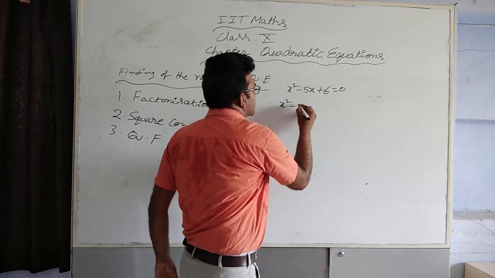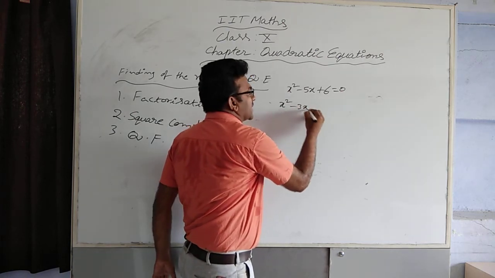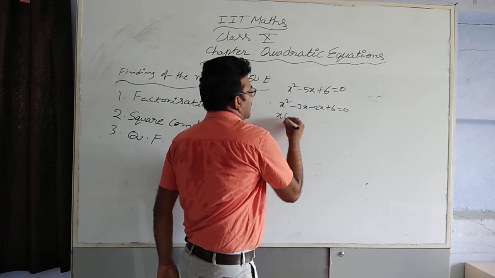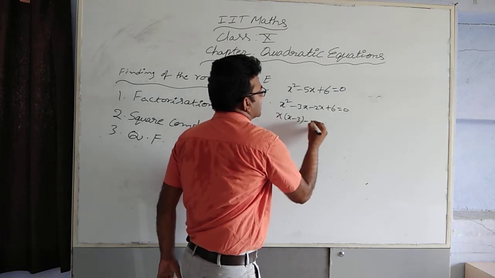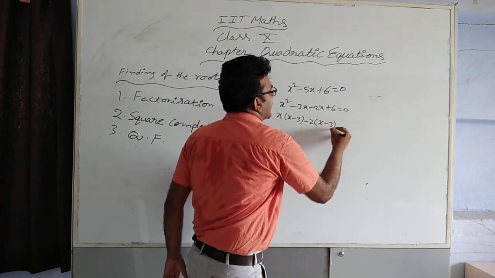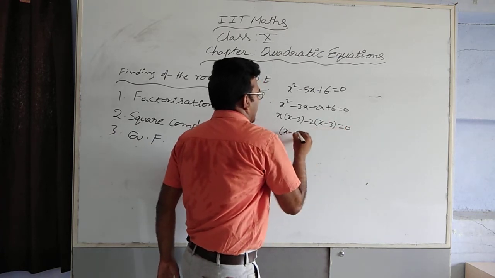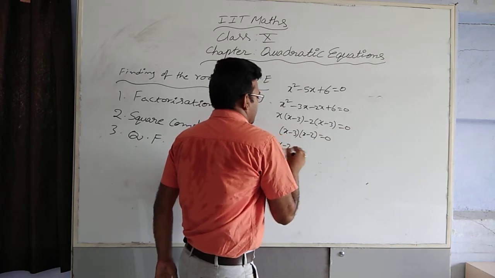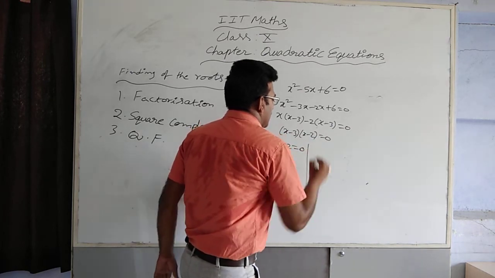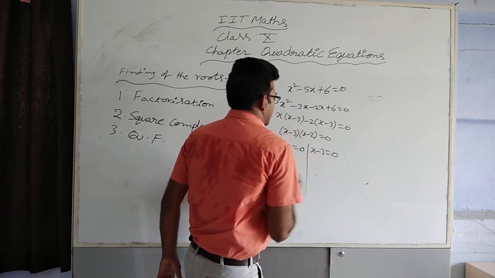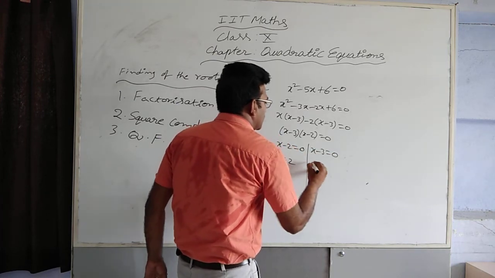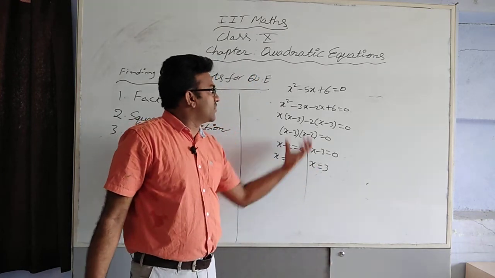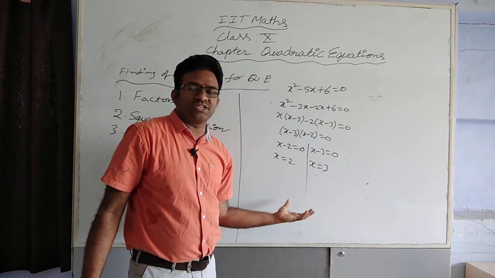I write this as x square minus 3x minus 2x plus 6 equal to 0. x will be common, and minus 2 will be common: x into (x minus 3) minus 2 into (x minus 3) equal to 0. So (x minus 3) into (x minus 2) equal to 0. x minus 2 equal to 0, x minus 3 equal to 0. x equal to 2, x equal to 3. So these are the roots of the quadratic equation by the factorization method.